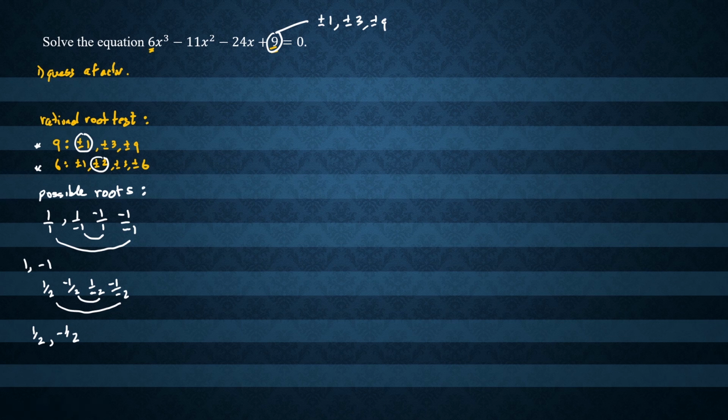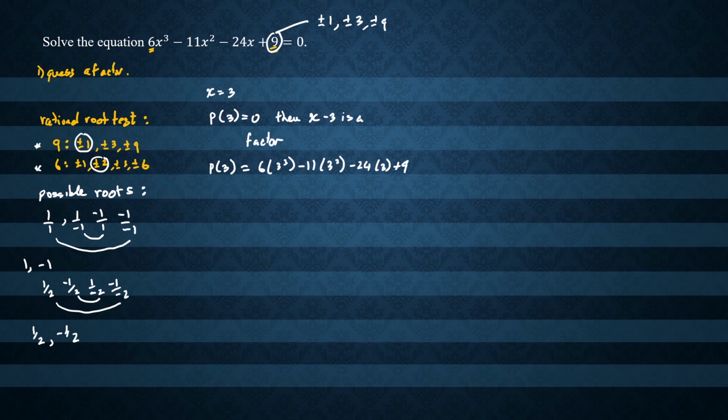So to save time, we'll try x equals 3. So by the factor theorem, if P(3) equals 0, then x minus 3 is a factor. So we only need to guess one root and then we can carry out division. So let's try 3. So we have P(3) equals 6 times 3 cubed minus 11 times 3 squared minus 24 times 3 plus 9.